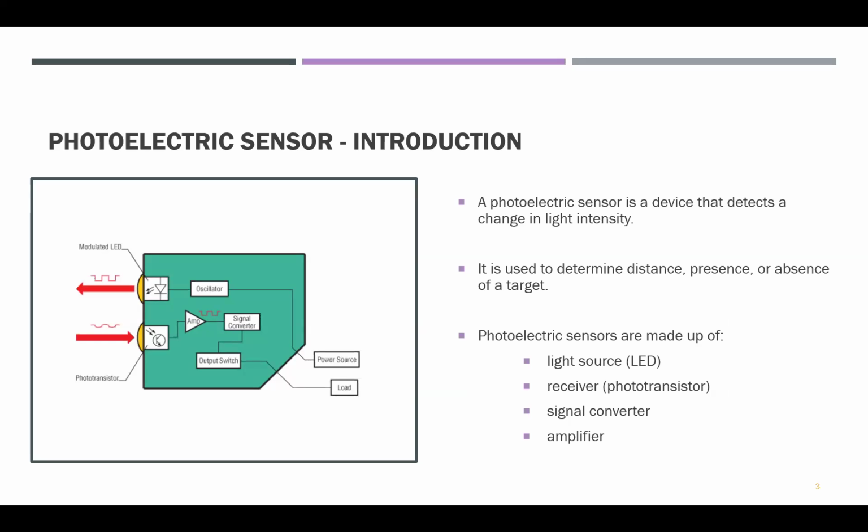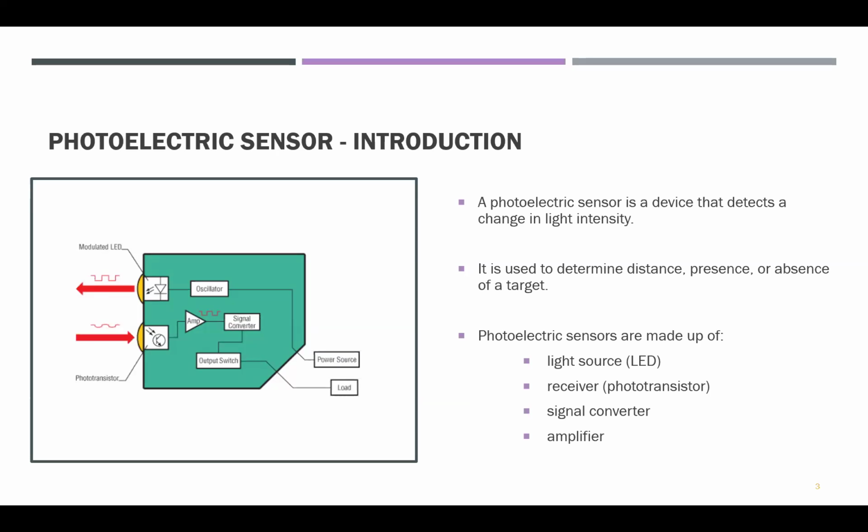Now, what are these sensors used for? Typical applications would be presence of an object. Either we have to make sure whether the object is there or not, or it can be used for measuring distance, or something else like a target, like what a color contrast sensor will do, which is a black mark or any color. So anything where we have to see the presence or measure distance.